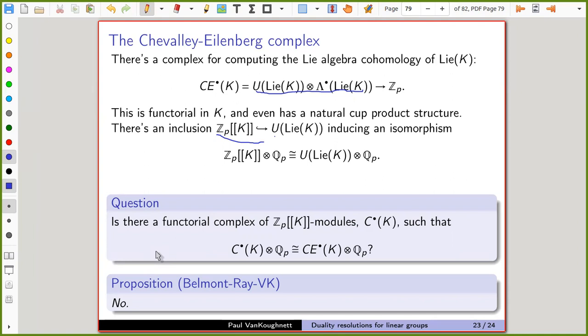And instead of taking the universal enveloping algebra, you can always take the Lie algebra itself with the adjoint action. Okay. This gives you a cohomology of the Lie algebra of K with coefficients. Well, in this case, probably homology of the Lie algebra of K with coefficients in the adjoint representation, right? Right. Okay.